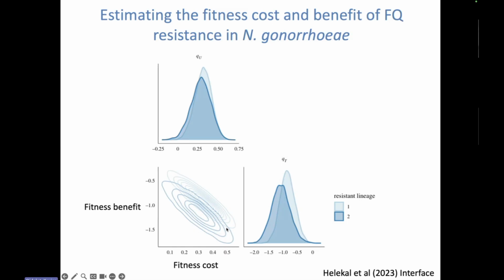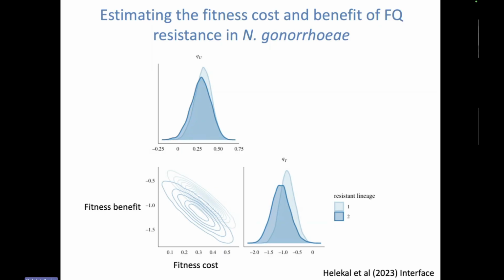There's quite a strong negative correlation between what we estimate for the fitness cost and the fitness benefit, and that makes sense because, in terms of how the data is informative about those two parameters, there's a negative trade-off: you could have a slightly higher benefit and slightly lower cost, or slightly lower cost and higher benefit, and that would create similar dynamics to some extent. So it makes sense that we have this negative correlation between what we estimate for the two parameters.